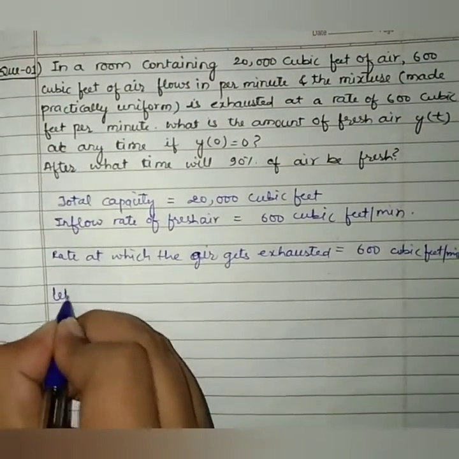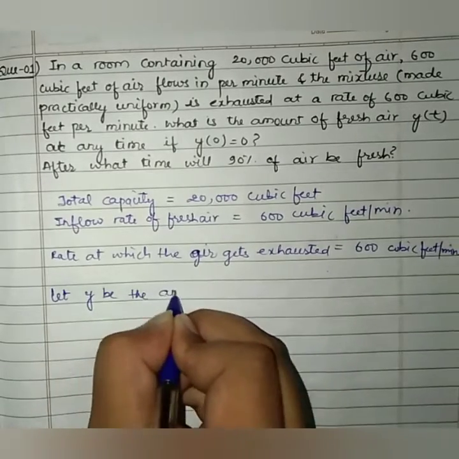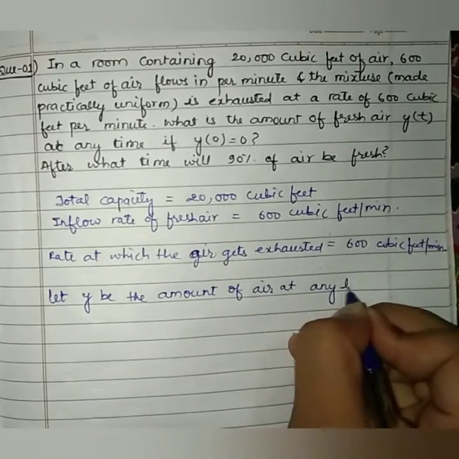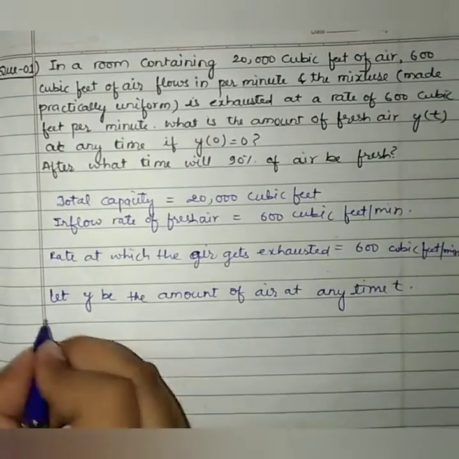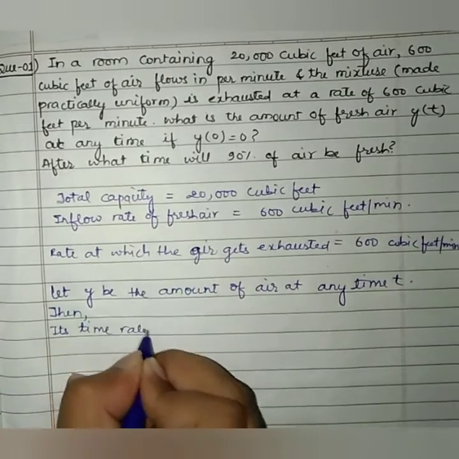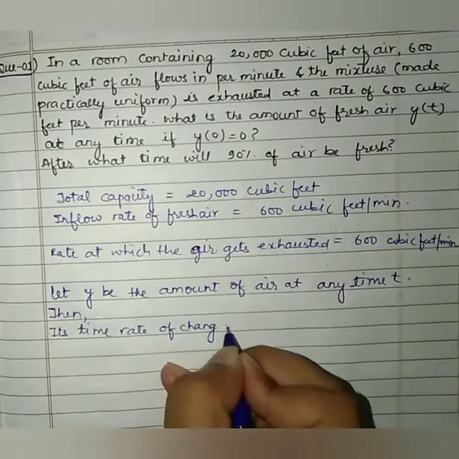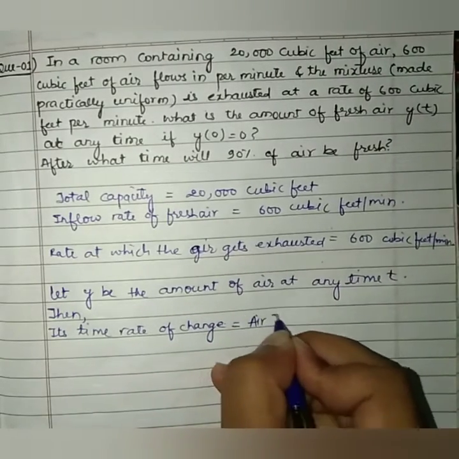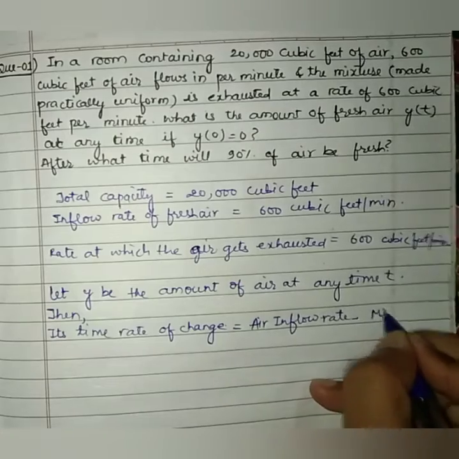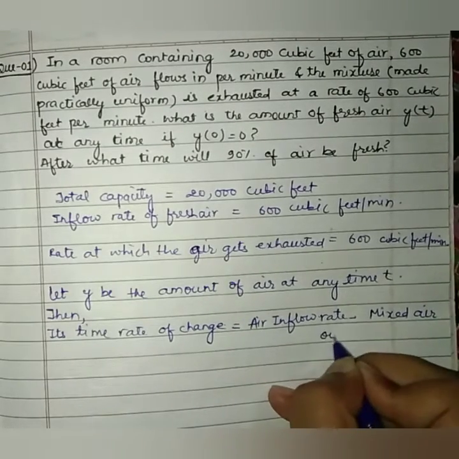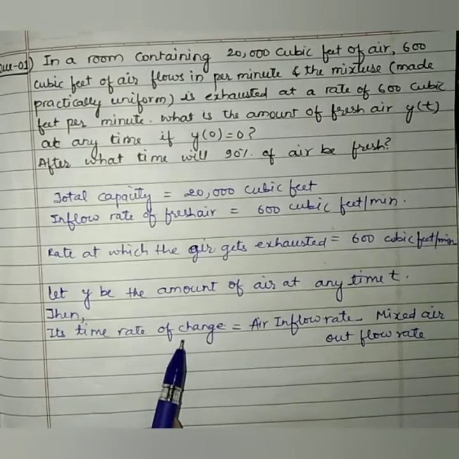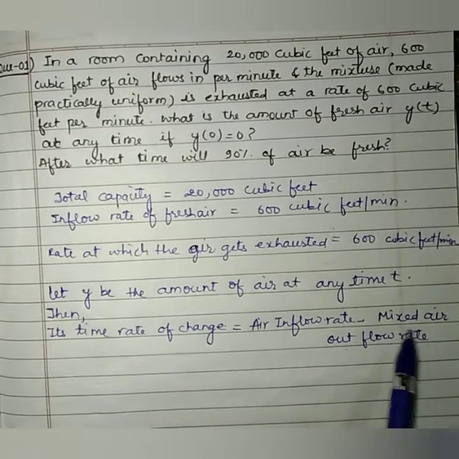Now let us assume that Y is the amount of fresh air at any time T. Then its time rate of change will be given as air inflow rate minus mixed air outflow rate.